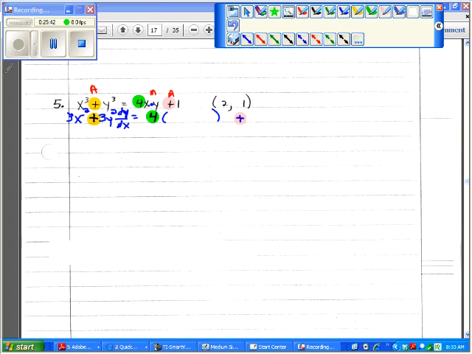Now, the derivative of a product is the first times the derivative of the second, which would be dy/dx. So we have x dy/dx plus the second, which would be y, times the derivative of the first. The derivative of x is 1.